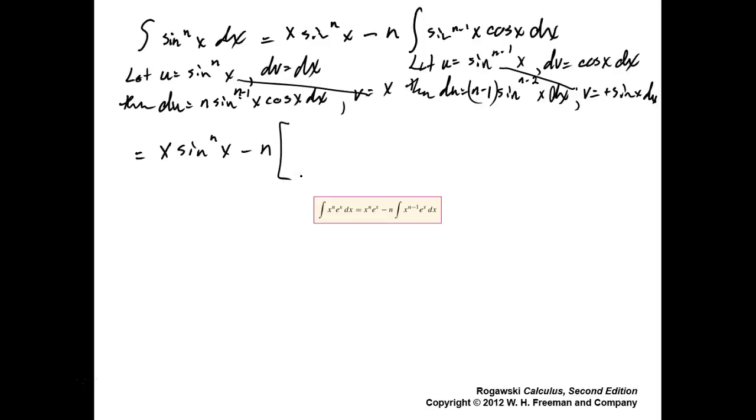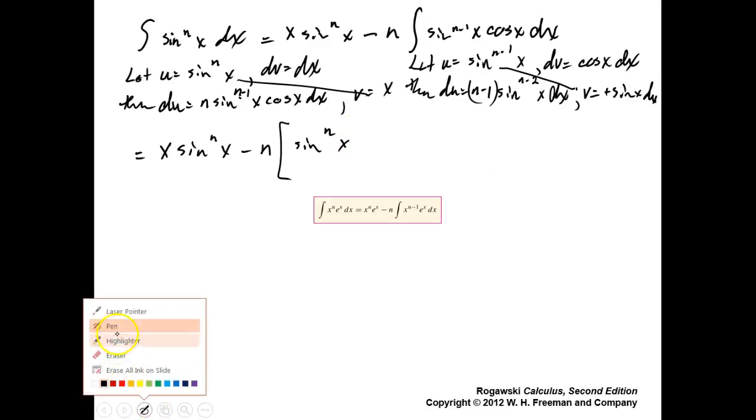I'll keep this on the outside: sine to the n minus 1 x times sine x. That's just sine to the nth x. Oh, wait. I did something silly there.